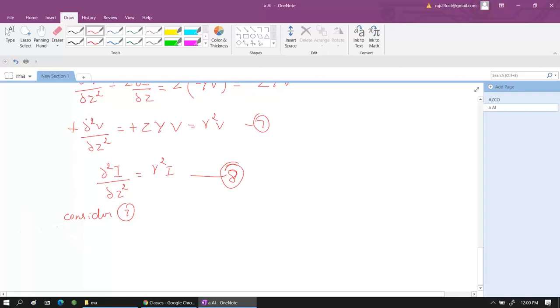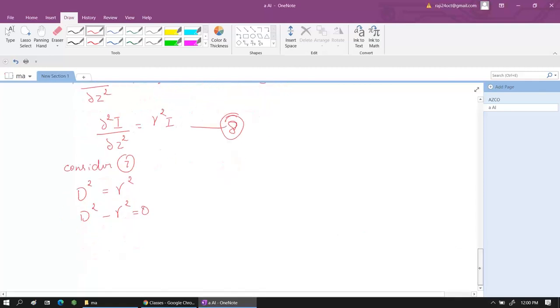This partial differentiation or the normal differentiation, you have to consider it as D squared. So D squared is equal to gamma square. Now this can be written as D squared minus gamma square is equal to 0. This is the equation you will get. It is a second order equation, so the solution for this is D equal to plus or minus gamma, right? So this is the solution that you are going to get.